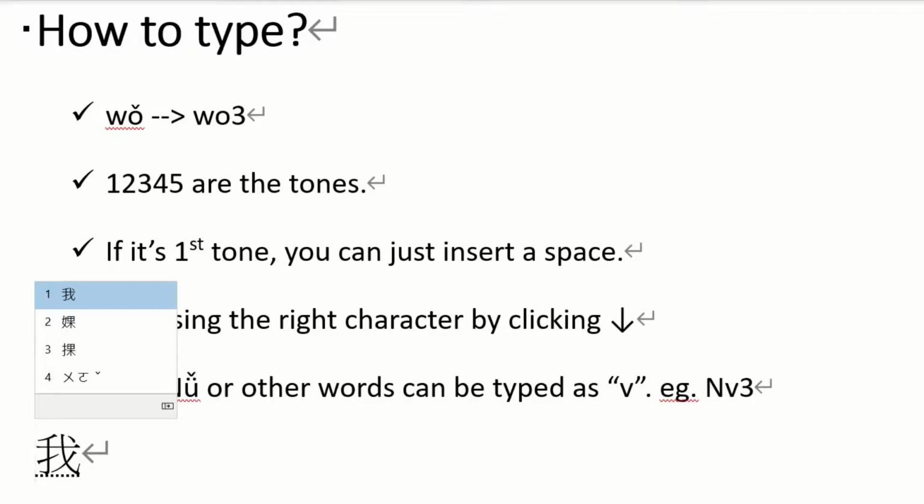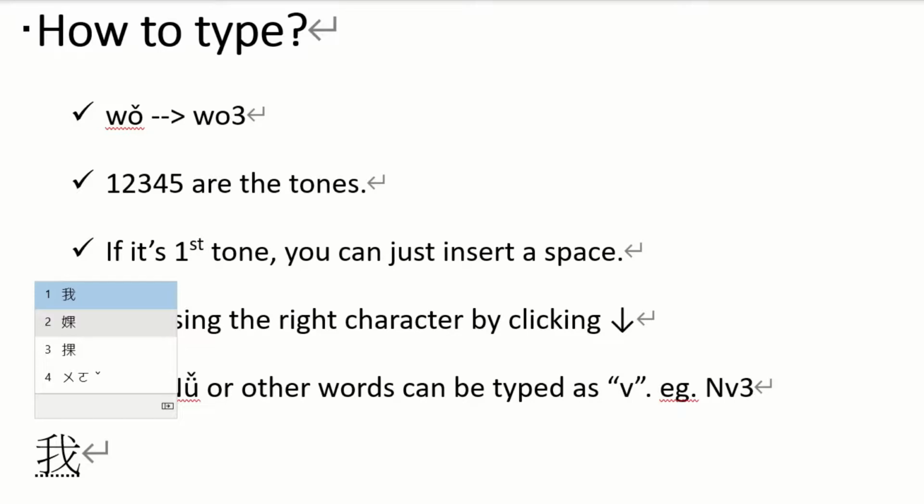So I want you to choose the button for going down. You can see that, right? Then you can just choose the character you want. You can simply choose the characters by clicking with the mouse.